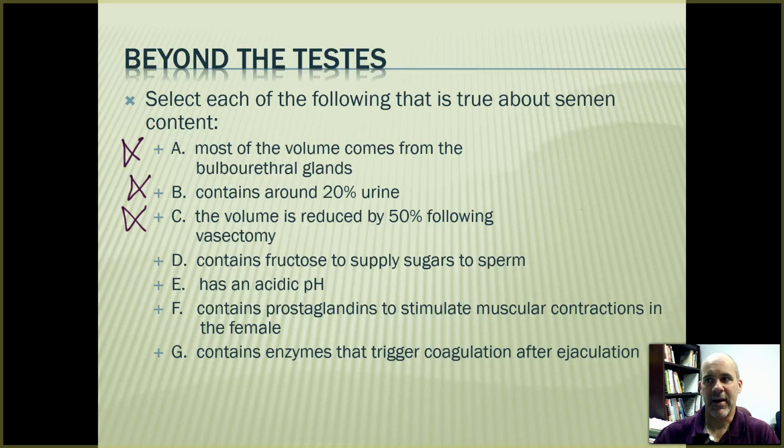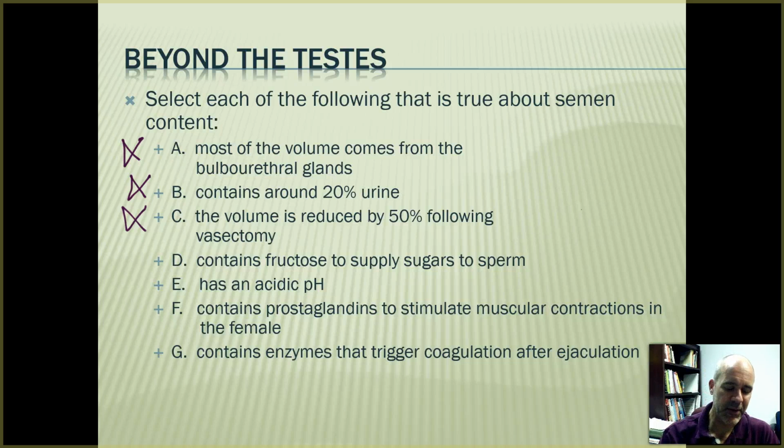So a vasectomy is going to prevent sperm cells from moving from the testis upward and being combined in with the semen, but most of your semen volume comes from the seminal vesicles and the prostate glands.